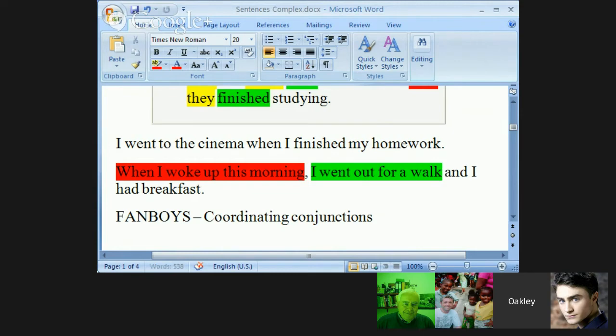But aren't they depending on the waking up of the first sentence, when I woke up this morning? So they are subordinate, because they are impossible without the first sentence.